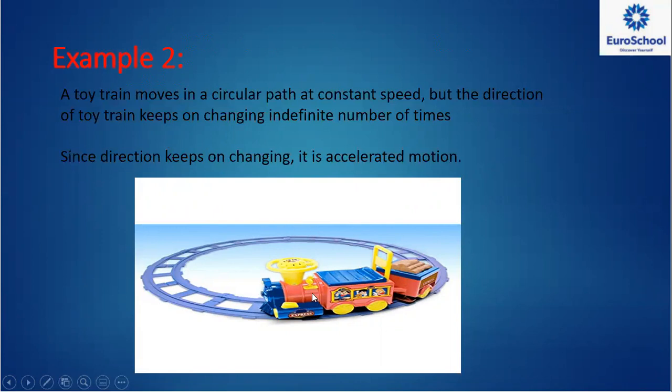Even though it is moving at a constant speed on this circular track, since the direction keeps on changing, it is called accelerated motion.